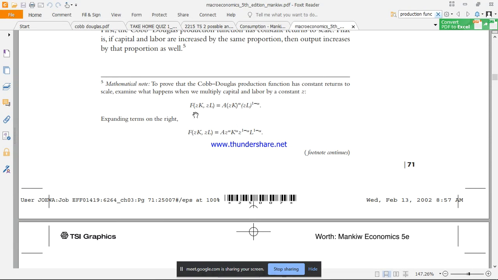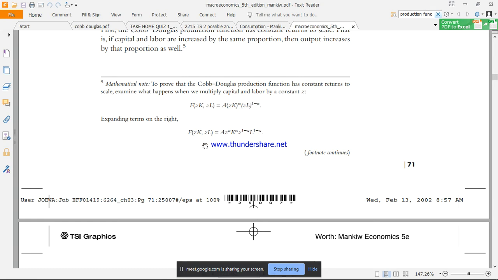So now we have A open brackets zK, everything raised to the power alpha, times open brackets zL raised to the power 1 less alpha.